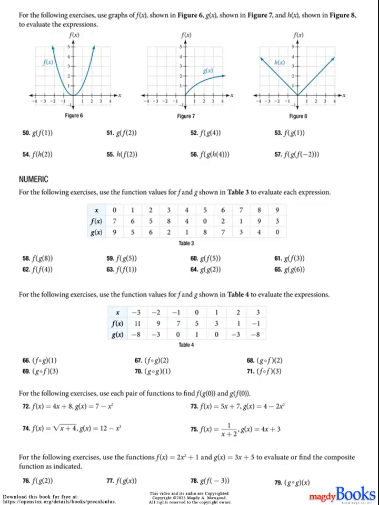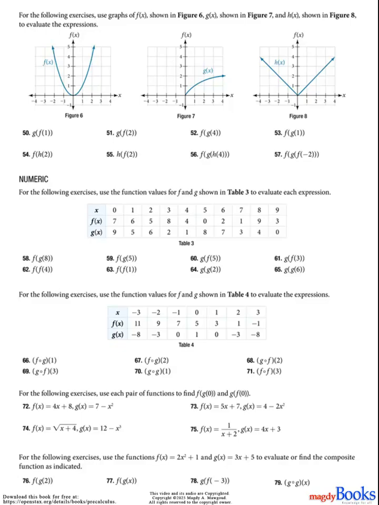For x equals 1, f of x is 6, and g of x is 5. For x equals 2, f of x is 5, and g of x is 6. For x equals 3, f of x is 8, and g of x is 2. For x equals 4, f of x is 4, and g of x is 1.